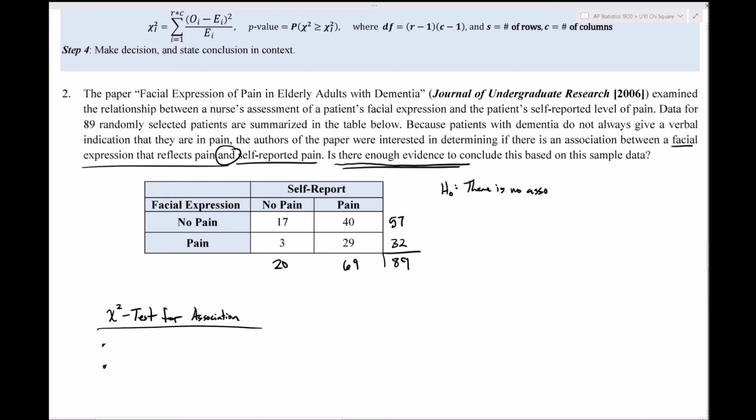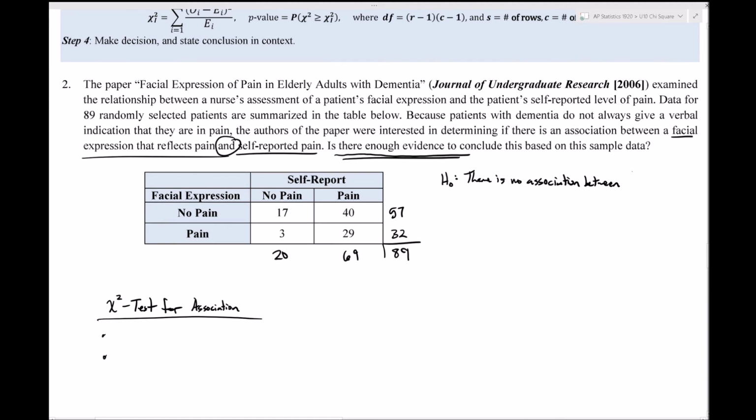That's something you'll have to memorize. No association between facial expression reflecting pain and self-reported pain.